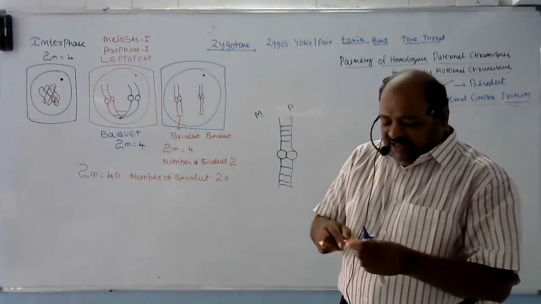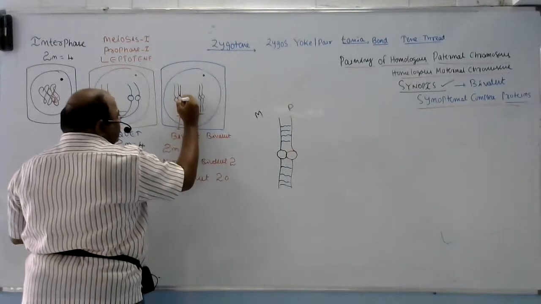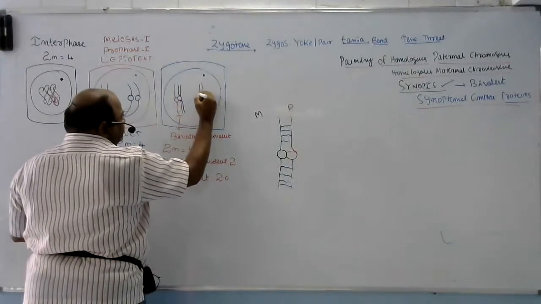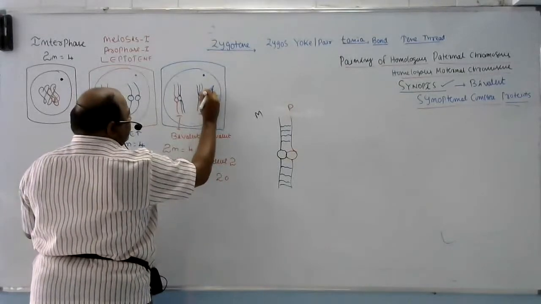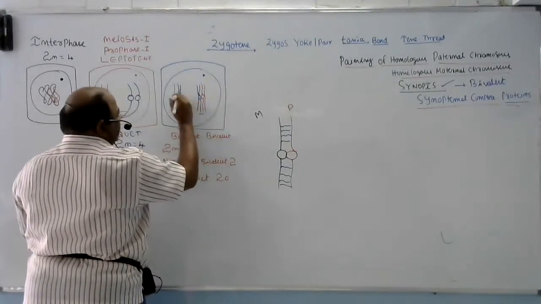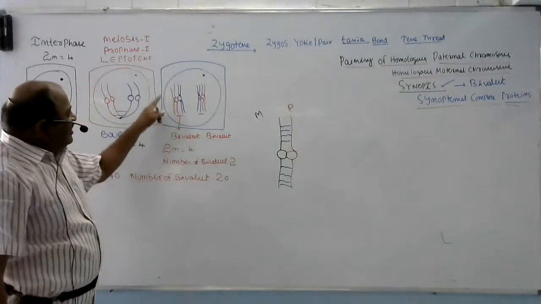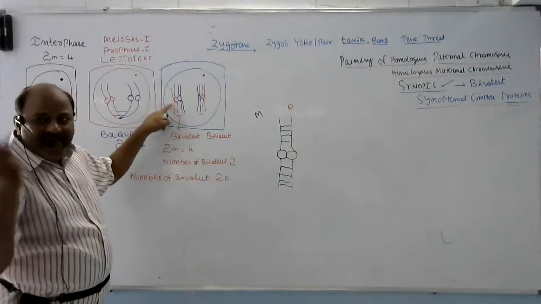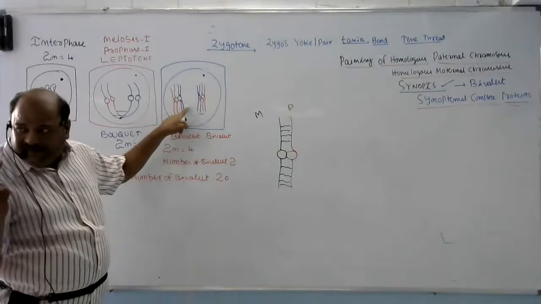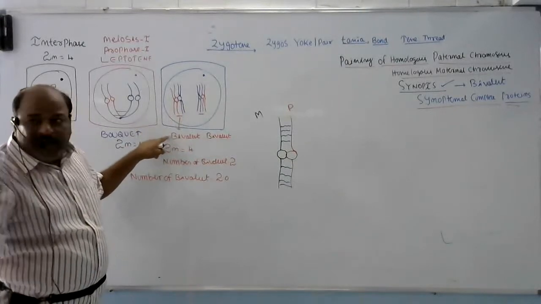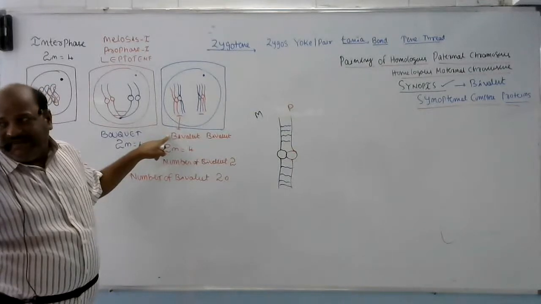But we will notice the presence of two chromatids for each chromosome. So here every chromosome has two chromatids. For one bivalent, how many chromatids are present? 4 chromatids are present.